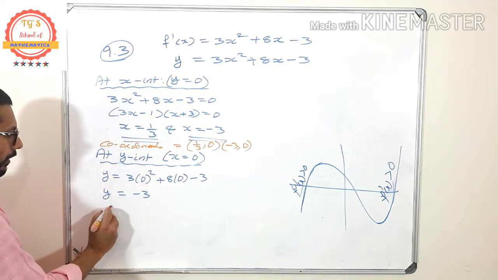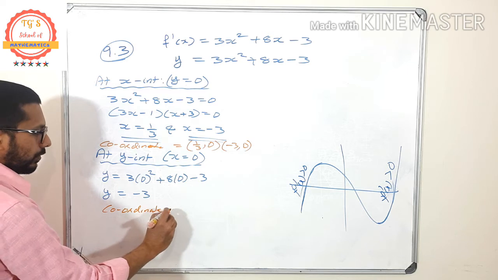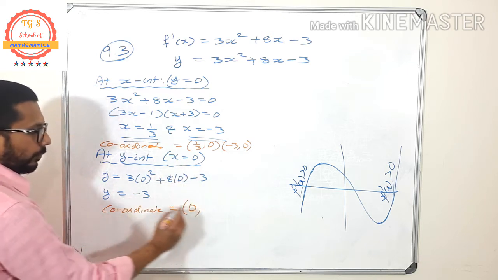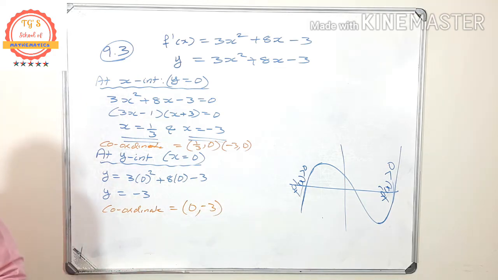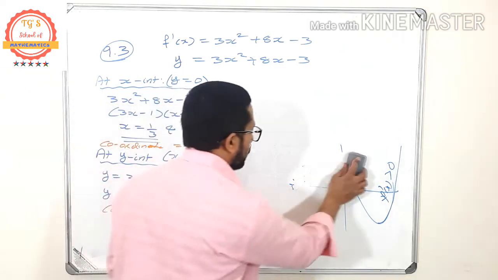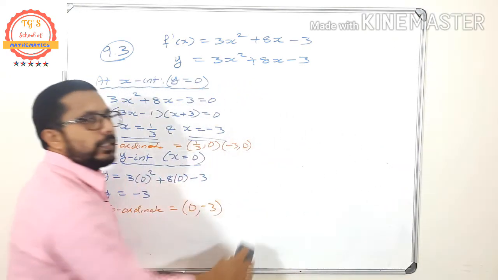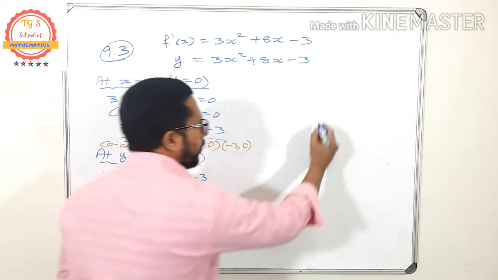Then what is the coordinate here? The coordinate is x equals 0, y equals minus 3. So let me try to draw that graph. Don't forget that this is a quadratic graph.